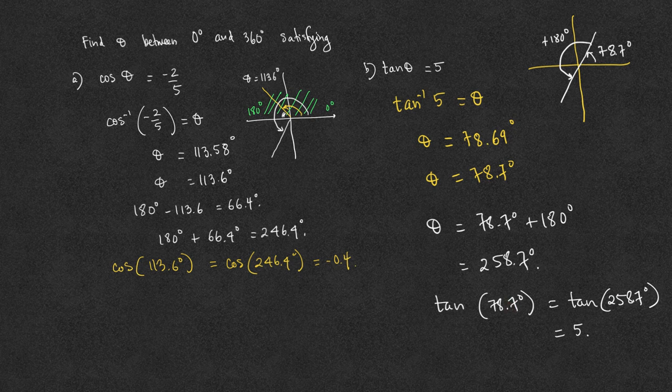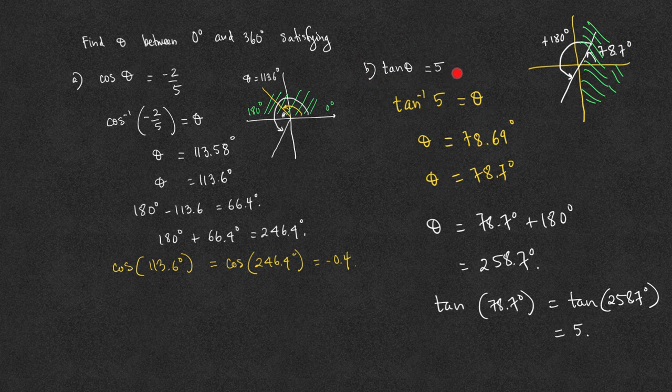In this case, when we use tangent inverse, we should restrict our domain to the interval negative pi over 2 to pi over 2, but we use an angle, 258.7 degrees, that is not in the restricted domain because we only use tangent inverse as a tool to solve this equation.